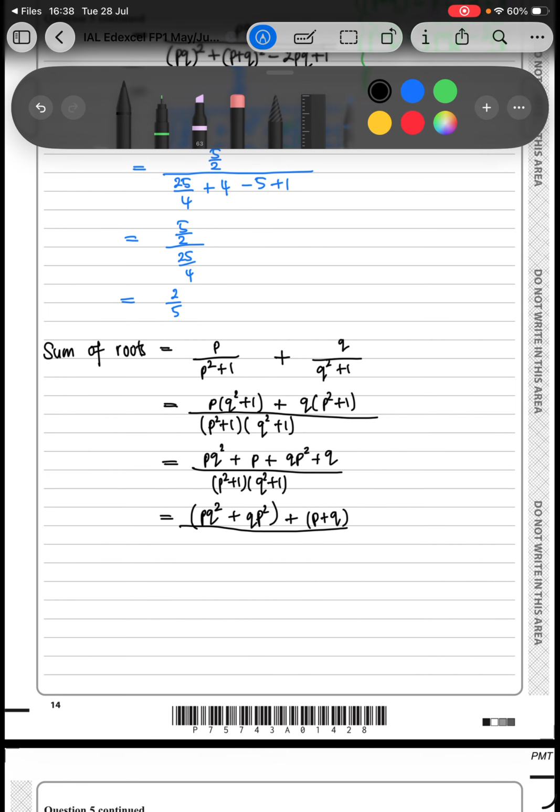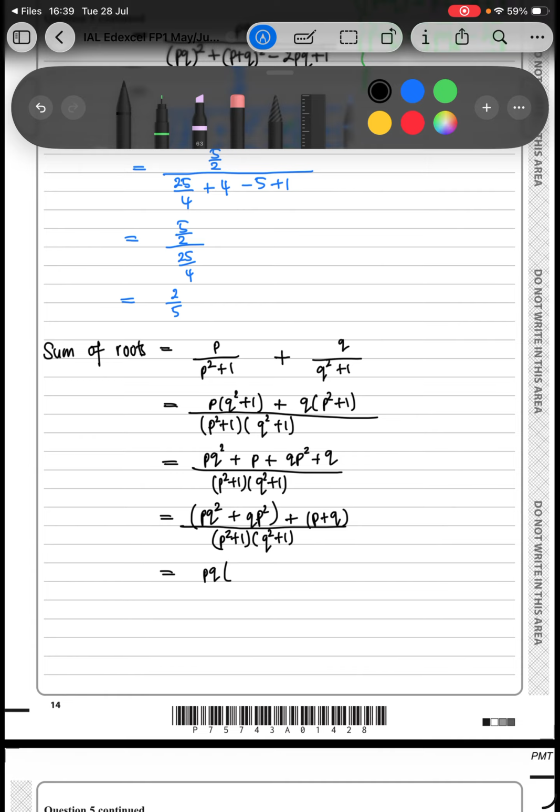So again, the denominator, over p squared plus 1 times q squared plus 1. So I'll take the p and the q out.